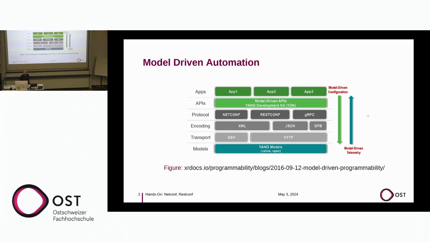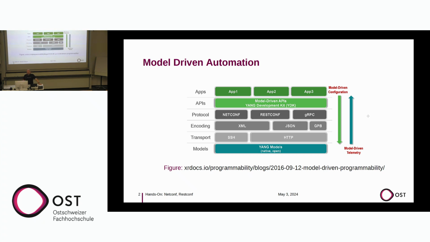So if you remember this graph, we have Yang down as the model language, which just describes how the data has to look, similar to JSON schema for REST APIs, for example. And then we have protocols. We could use SSH or HTTP. We could actually use any transport layer, but these are the ones mainly used. And for the encoding, normally what we see is XML, JSON, and GPB.